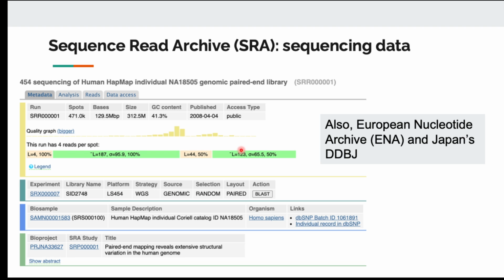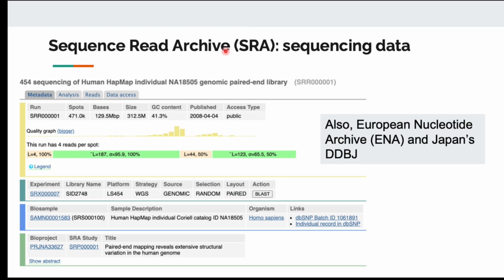Anyone who performs DNA sequencing, RNA sequencing, ChIP-seq, ATAC-seq, anything that has to do with high-throughput sequencing, most of the journals will encourage or even force the authors to make their data public, available on Sequence Read Archive.